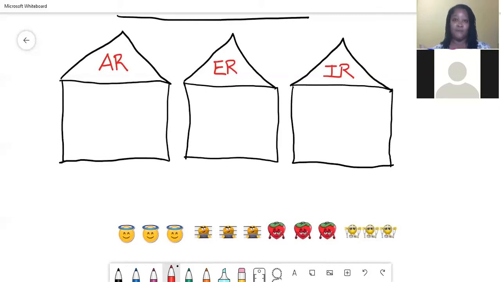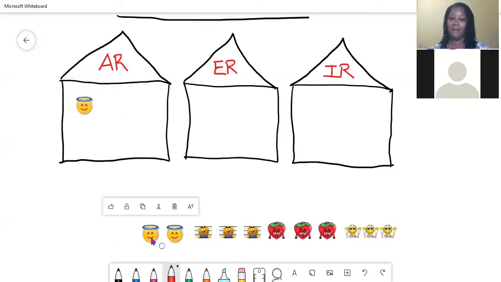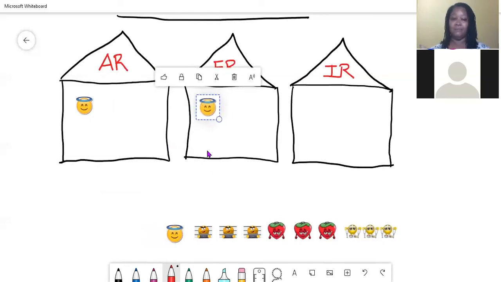Now, in each of these families, there lived four characters or four types of people. In the AR family, we have an angelic being. In the ER family, we also have an angelic being.